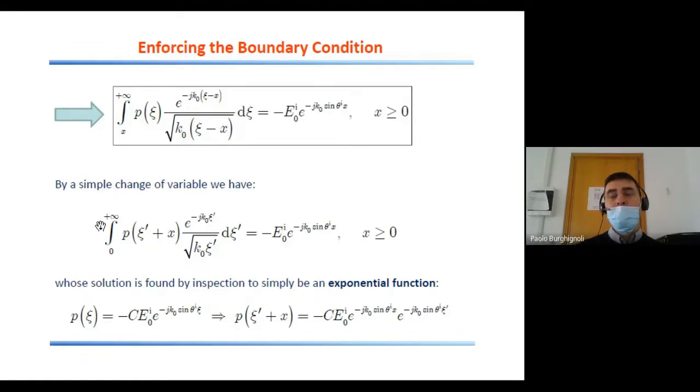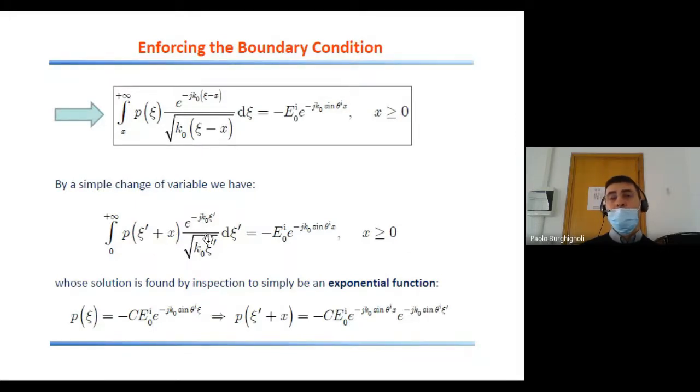Now, a moment of thought will allow you to conclude that the unknown, that is p of psi, must be proportional to this exponential, e to the minus j k0 sine theta I psi. That is because if you insert this in psi prime plus x, by the property of the exponential that factors when you calculate it on a sum, you will be able to factor the exponential in two terms, one of which will remain inside the integral because it depends on psi prime.